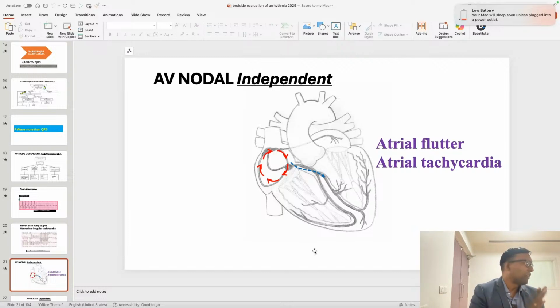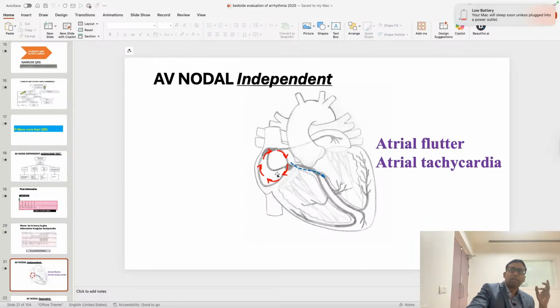I will complete the AV node topic because I think everybody is looking exhausted. AV nodal dependent versus independent means whether the AV node is part of the circuit or not. There are two tachycardias where the P waves will be more than QRS, atrial flutter and atrial tachycardia. These are two rhythms that are not dependent on the AV node, since they are in the atrium.